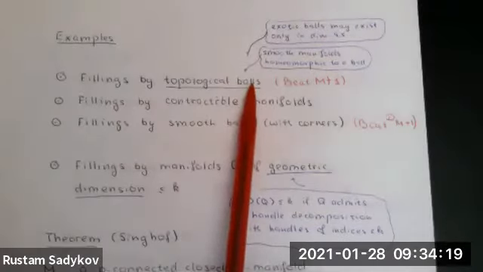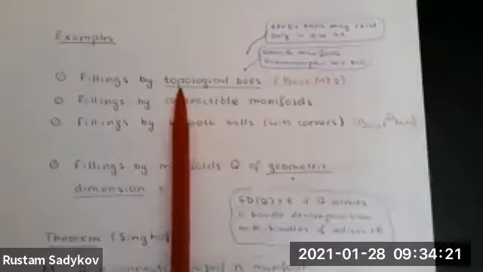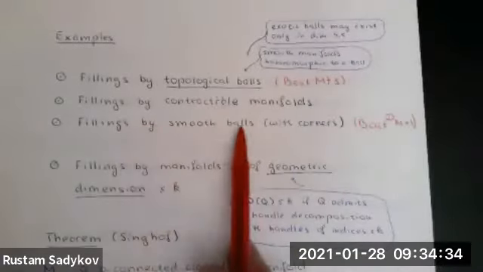Interesting examples of fillings include fillings by topological balls. I will denote the minimal number of topological balls needed for filling by B cut M plus 1. So B is capital here. We can cover manifolds by contractible manifolds, and we can also cover manifolds by smooth balls.